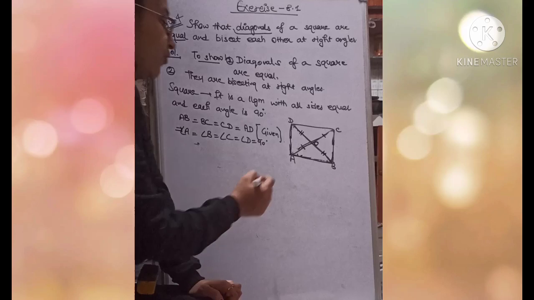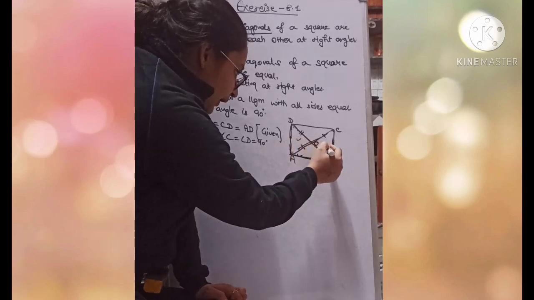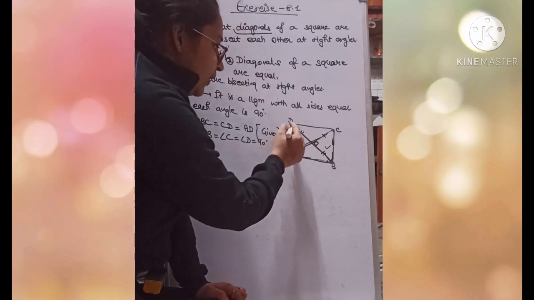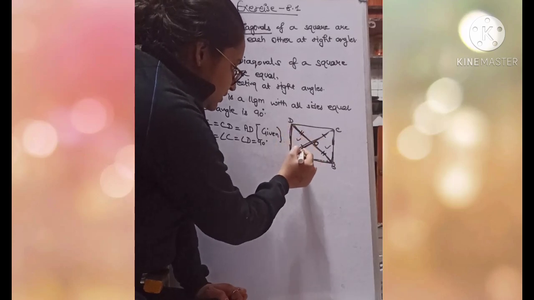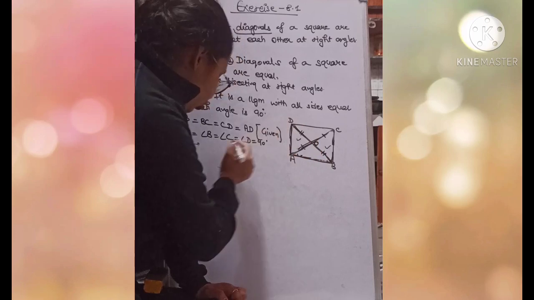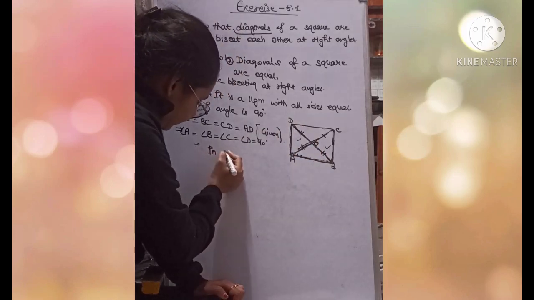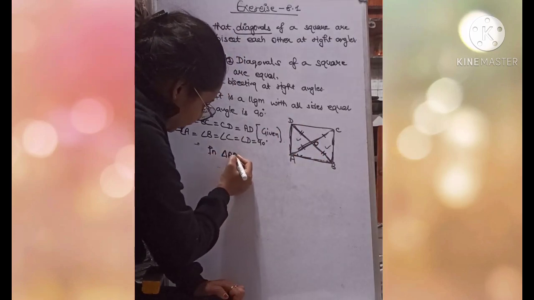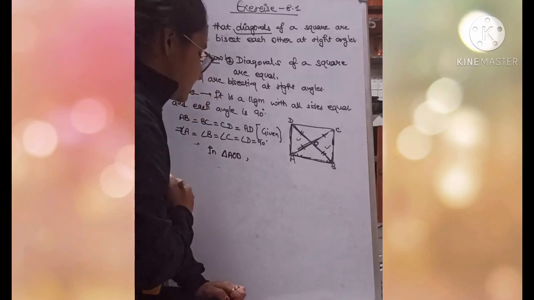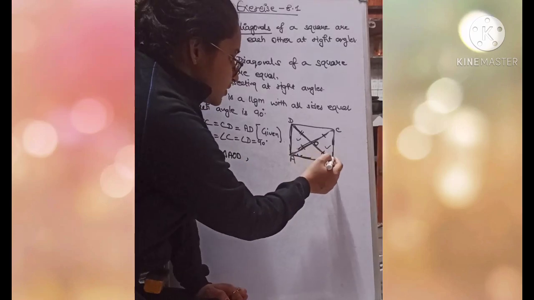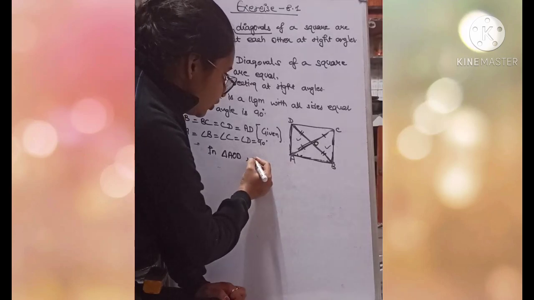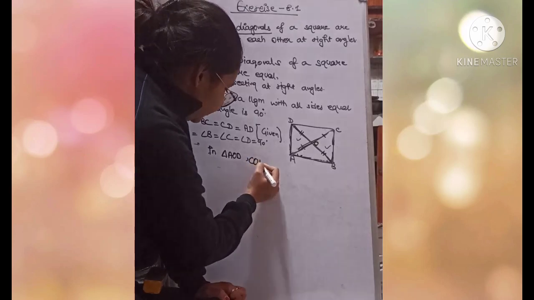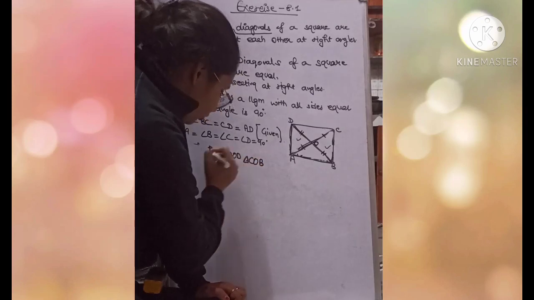Okay, now if I take these two triangles, this triangle is triangle AOD, and the second triangle is BOC, or you can say COB.